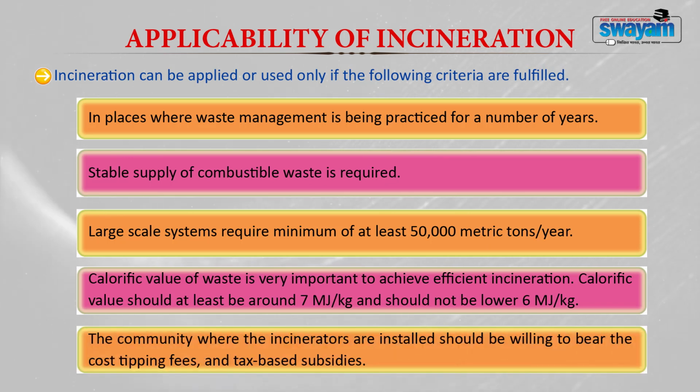The community where the incinerators are installed should also be willing to pay or bear the cost of tipping fees, tax based subsidies and so on. When all these criteria are fulfilled, incineration plants will be more suitable for that particular area or waste.